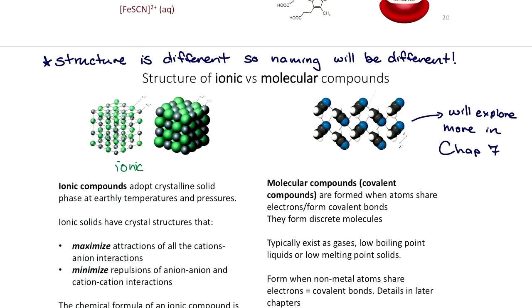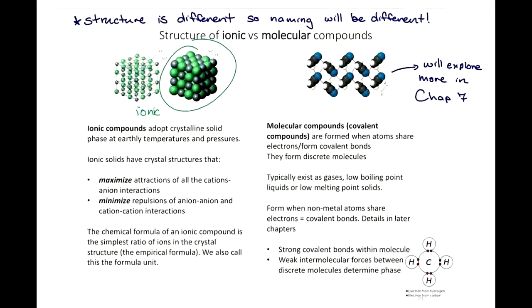When you have a metal and a nonmetal, when you have cations and anions, they form a crystalline structure. Versus molecular compounds, these are all nonmetals. They form covalent bonds to one another. They form discrete molecules. You can pick one up. Versus salt, you can't pick up 1 unit of NaCl, because it exists as this extended lattice. But you can pick up a single molecule of water.